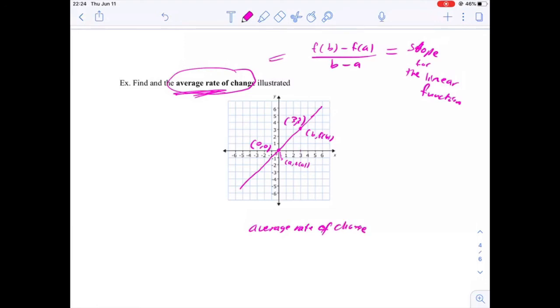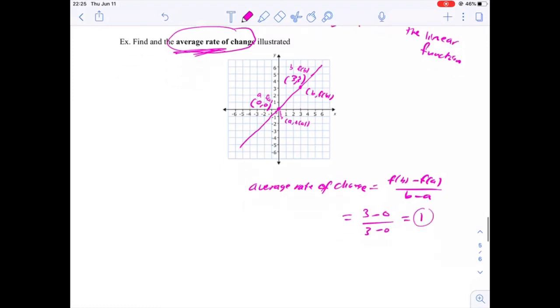So f of b minus f of a over b minus a: f of b is 3, minus f of a is 0, over b is 3, a is 0, so the average rate of change is 1.